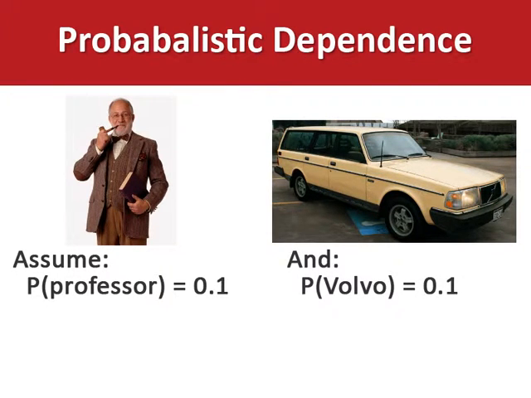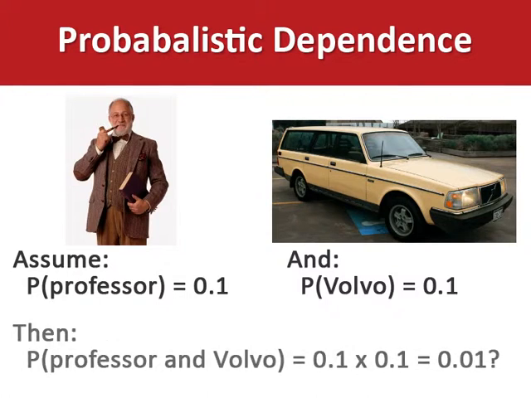So if we assume that being a professor and owning a Volvo are independent, then the probability of professor and Volvo is 10% times 10% equals 1 in 100.